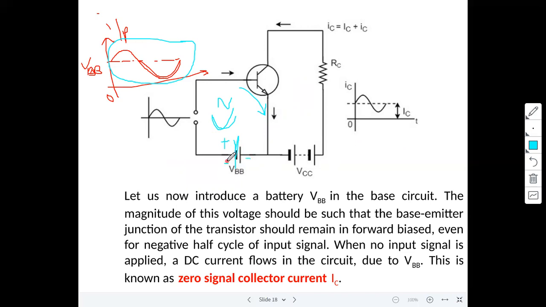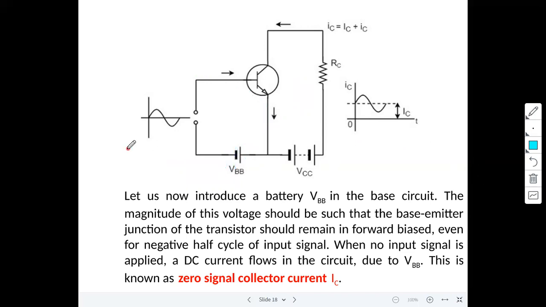This DC source always keeps the transistor base to emitter junction in forward bias. This is the x-axis, and this is something like VBB. Only here is your input signal superimposed. So with respect to the x-axis, all the signal is above 0. So irrespective of positive cycle or negative cycle, the transistor is always in the active region only. That is the concept of biasing.